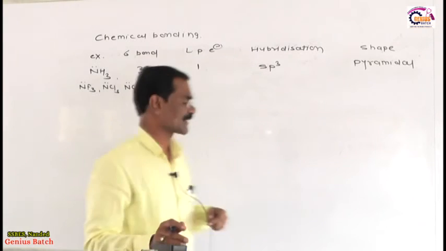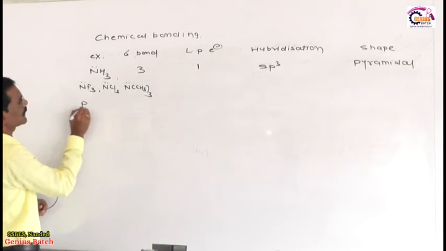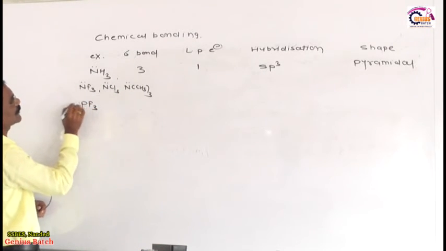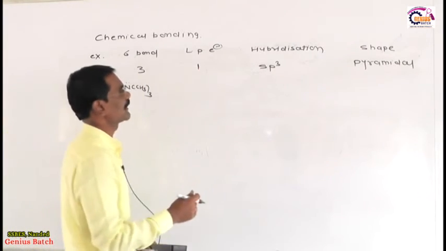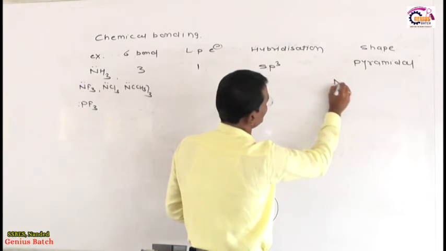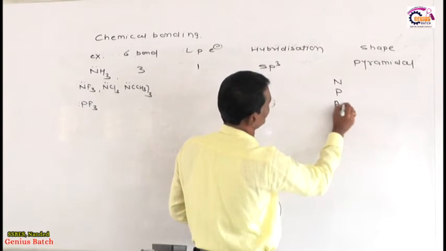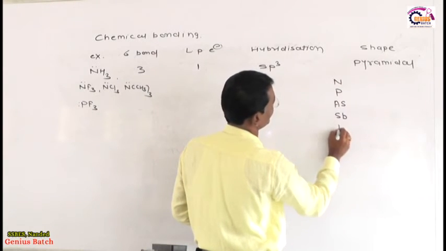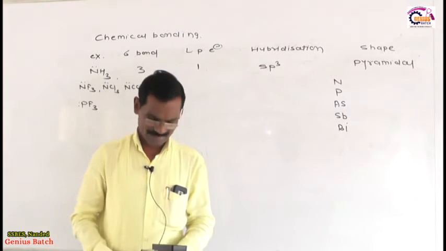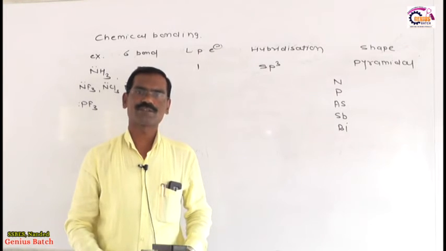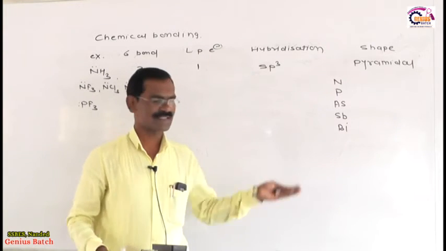After that, the next example is PF3, because नाइट्रोजन, फॉस्फोरस, आर्सेनिक, एंटीमनी ये पूरे एक ग्रुप के एलिमेंट है. आपको अच्छी तरह से मालूम है, जैसा नाइट्रोजन करेगा वैसा फॉस्फोरस करेगा, वैसा आर्सेनिक करेगा, वैसा एंटीमनी करेगा, वैसा बिस्मथ करेगा, because all these elements are from the same group. Either it may be nitrogen, phosphorus, arsenic, antimony.